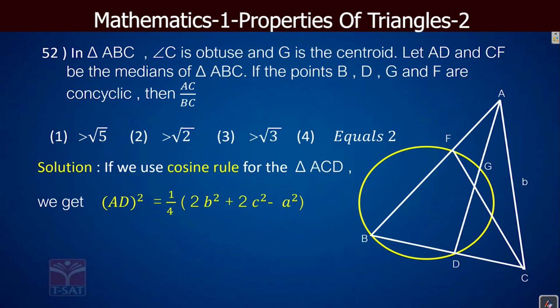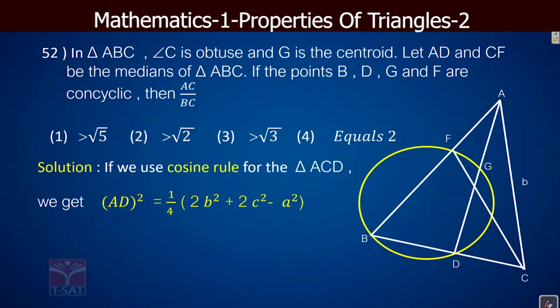That means the median through A. And similarly, 4 BE square is 2c square plus 2a square minus b square, and 4 into CF square is equal to 2a square plus 2b square minus c square. Those are the lengths of the medians. Please remember and note especially that median length formula.